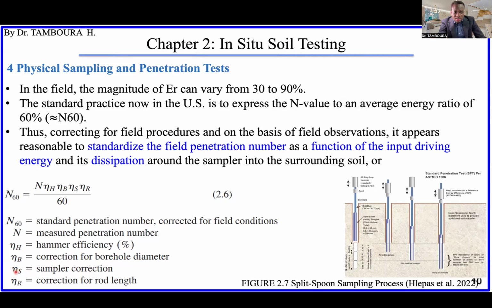This one is the sampler correction. As you can guess, there are also different types of samplers, and the rod length is also affected. So we include R in this coefficient to correct that also.